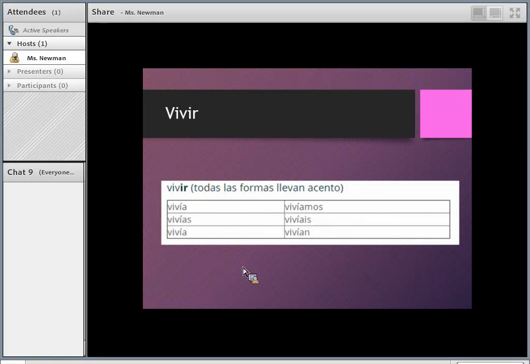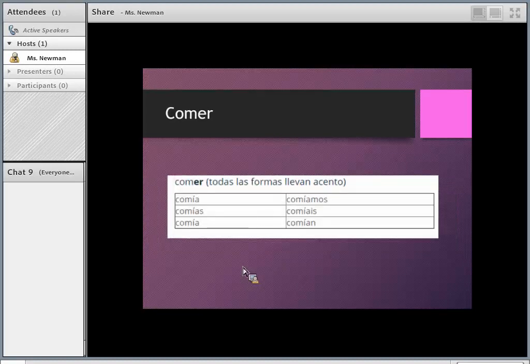Vivir: vivía, vivías, vivía, vivíamos, vivíais, vivían. Comer: comía, comías, comía, comíamos, comíais, comían.